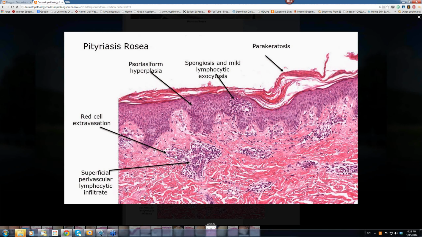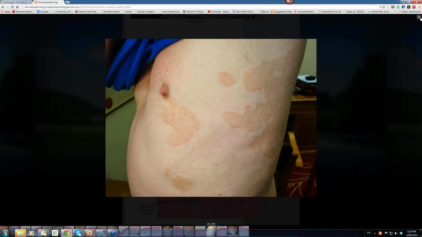The red cells there may be still in the vessel rather than extravasated. There's your bit of spongiosis and the like up there, your bit of parakeratosis that we spoke about, a bit of acanthosis there. So you need a bit of a history to help you to make your diagnosis of pityriasis rosea from this particular slide.